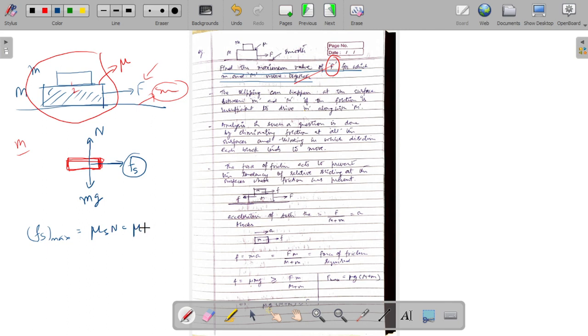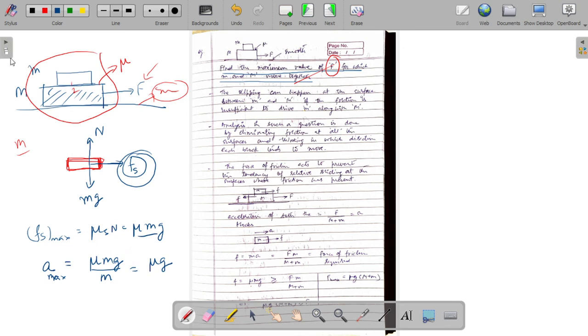So mu mg is the maximum value of friction which can act on the block, and maximum value of friction would be required to produce the maximum acceleration. So the acceleration of the block would be the force which is applied in horizontal direction, that is the force of friction mu mg, divided by the mass of the block. So that would give us the value mu g. So this is the maximum acceleration which we can conceive for this particular system.